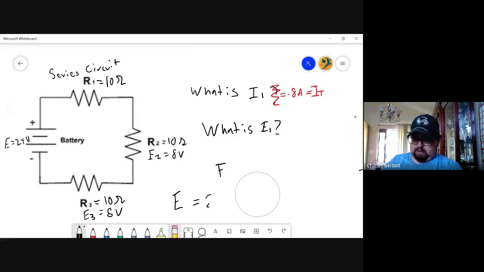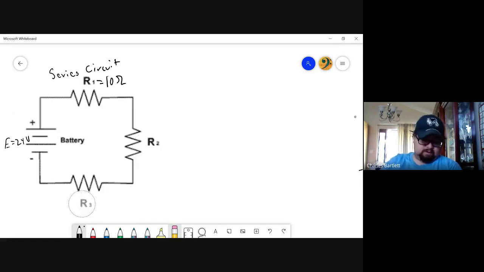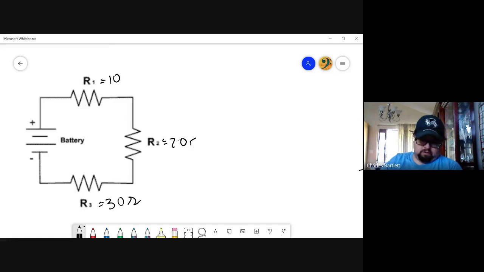But obviously we can have a circuit that has different resistances, right? So we could have R1 is 10, R2 is 20, and R3 is 30 ohms. We could keep our voltage the same, or we could say we've just hooked up a whole bunch of batteries together. 10 12-volt batteries hooked together in series would give you 120 volts, because in a series circuit, voltage adds up, just like I showed you.